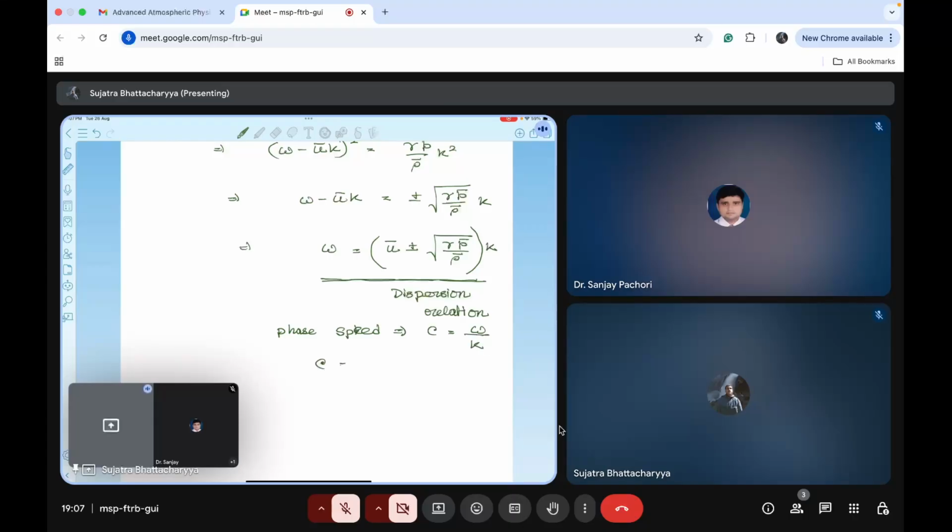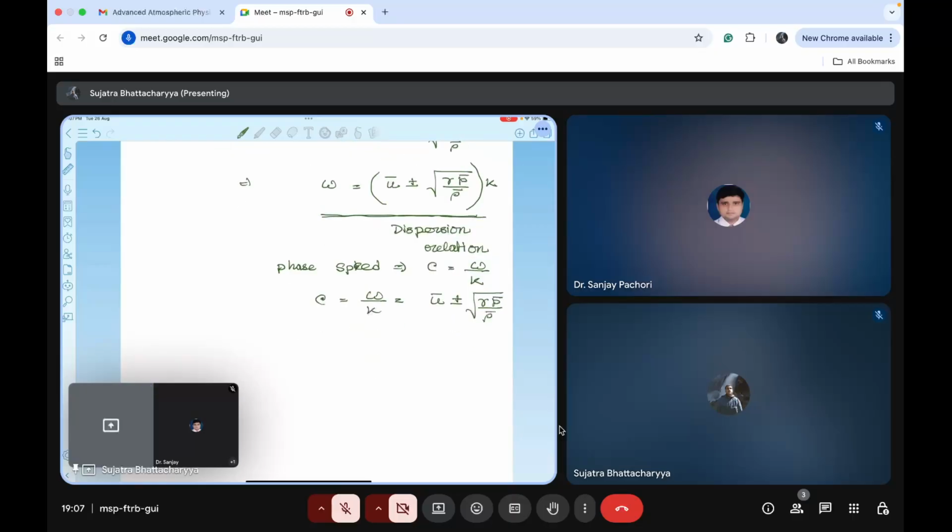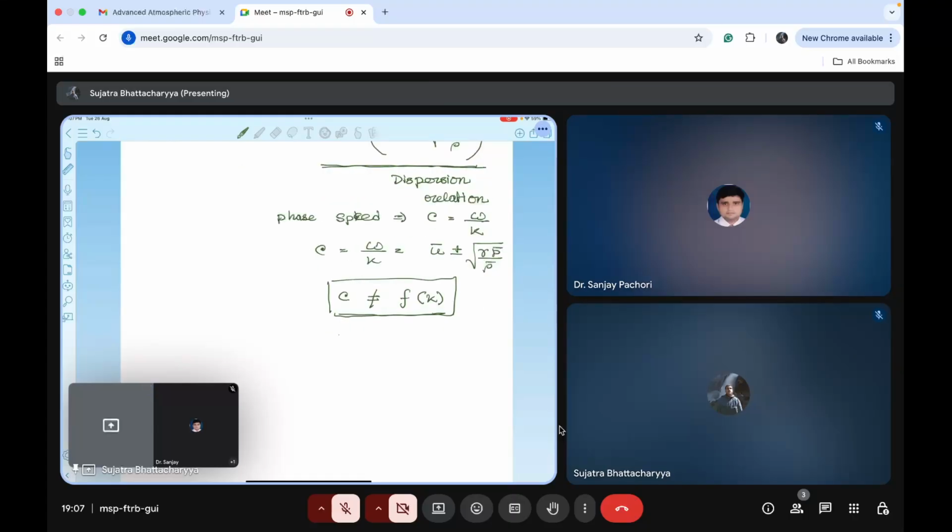So C, which is nothing but omega by k, will be u bar plus or minus root over gamma p bar by rho bar. Is C a function of k? No. C is not a function of k. It is not a function of the wave number. So it is a non-dispersive wave.